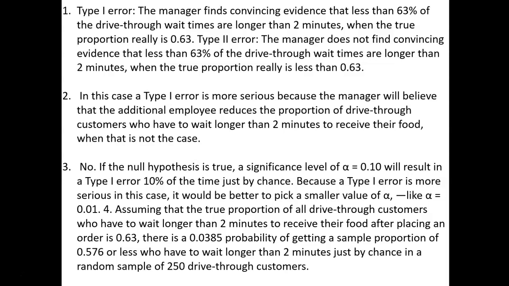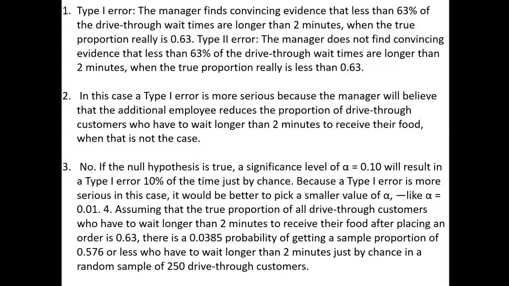I think you could make a case for saying a type 2 error is also a bad idea. I don't know about which one's more serious in this case, because if he pulls that extra drive-through worker and then the proportion of customers with wait times more than 2 minutes ends up going up, you're going to have mad customers. So I guess they're correct in saying type 1 error is more serious, but you could argue the other point, I think.